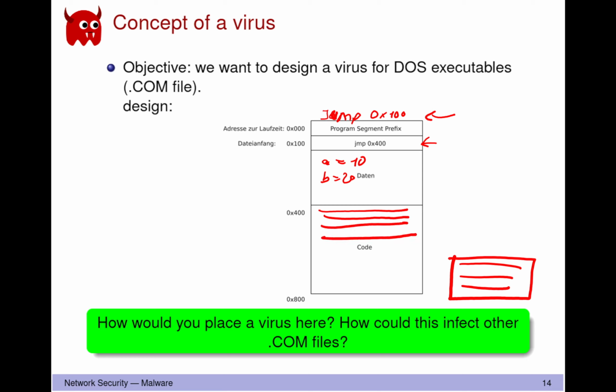I don't know, a plus b, print result. And you have this new virus code that you have to integrate somewhere. Then it jumps here too, then it jumps here too. So these are the instructions that are executed. So you somehow have to put in your virus code to be executed as well.